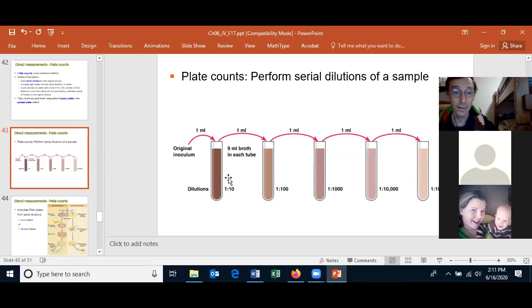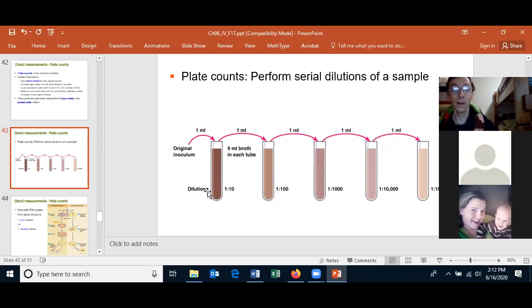You mix that tube up, and then you take 1 mil out of that and put it into 9 mils, and now we have another 1 to 10 dilution, so this will be a total dilution of 1 to 100, meaning it's a dilution of 1 to 10 here and a dilution of 1 to 10 there. You mix that up, take 1 mil out of it, put it into this 9 mils, and now you have another 1 to 10 dilution, so this is a dilution of 1 to 1,000. Continue that, 1 to 10,000, 1 to 100,000.